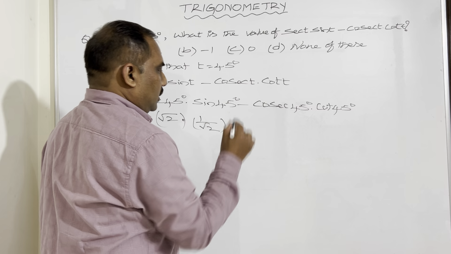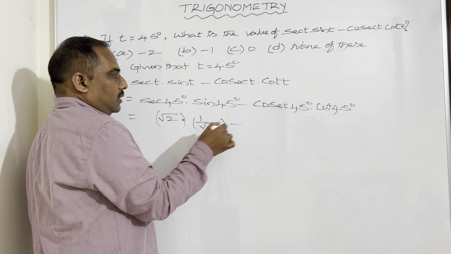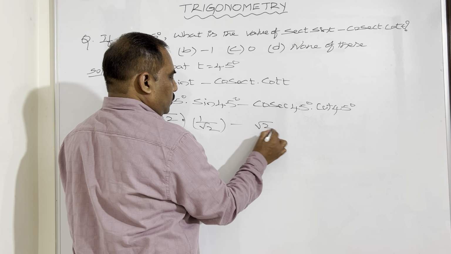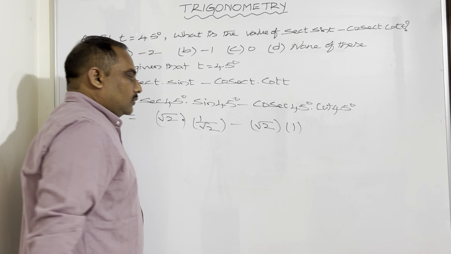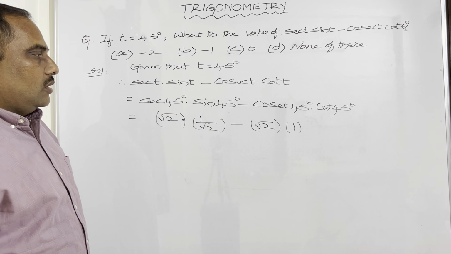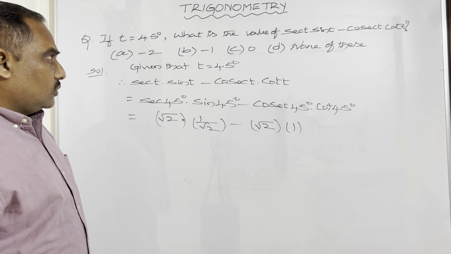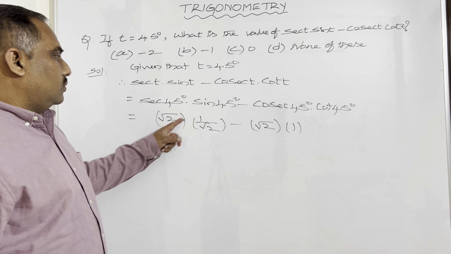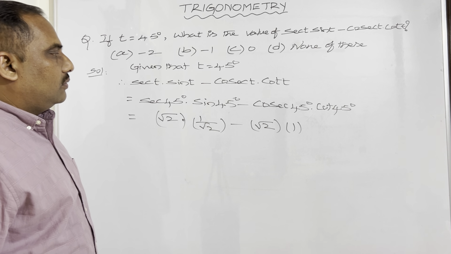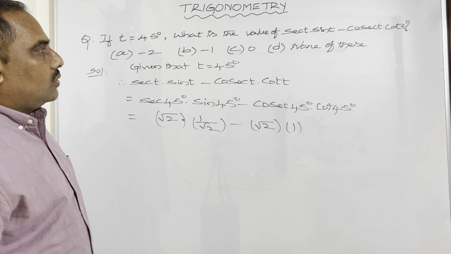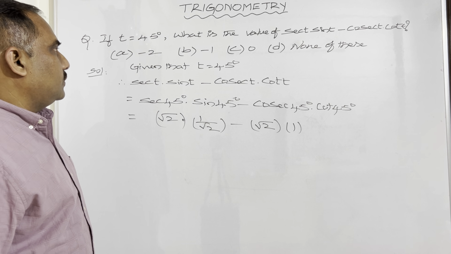Sin 45 is 1 by root 2, so cosecant 45 is root 2, and cot 45 is 1. So secant 45 is root 2 and sin 45 is 1 by root 2, minus cosecant 45 which is root 2 into cot 45, that is 1.